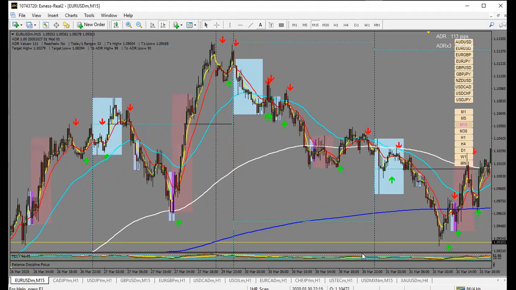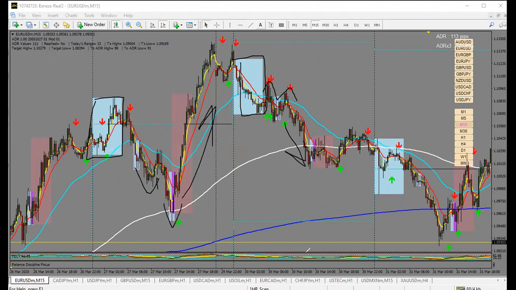This is type 3, the Asian box. The first leg, the second leg, down we go. This is type 1. First leg, second leg, up we go.